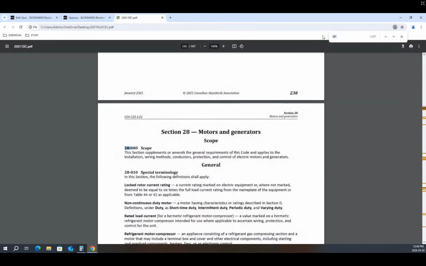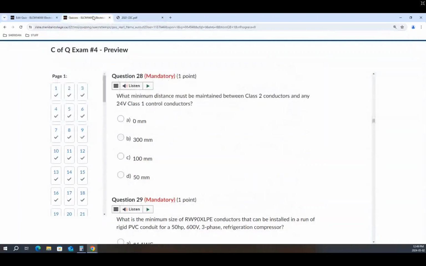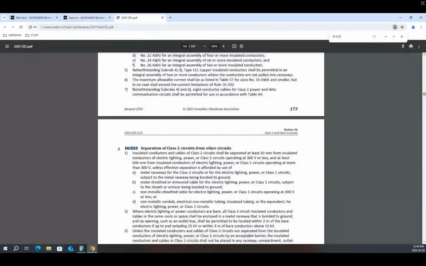I'm going to section 16. So what class 1 and class 2 circuits is section 16 right here. So the minimum distance maintained between class 2 and class 1, so class 2 conductor and a class 1 control conductor. That's why I'm into section 16.